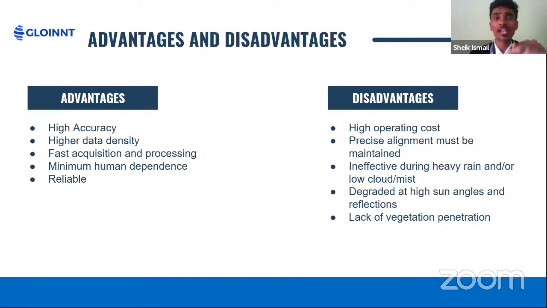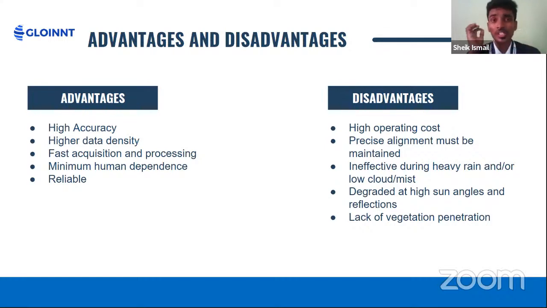We have different types of Lidar, and with them we can do the fastest acquisition, and processing will also be very fast. And of course minimum human dependency. Two people is enough for data collection. 100% reliable. You can start processing your data with greater accuracy because it's 100% reliable.